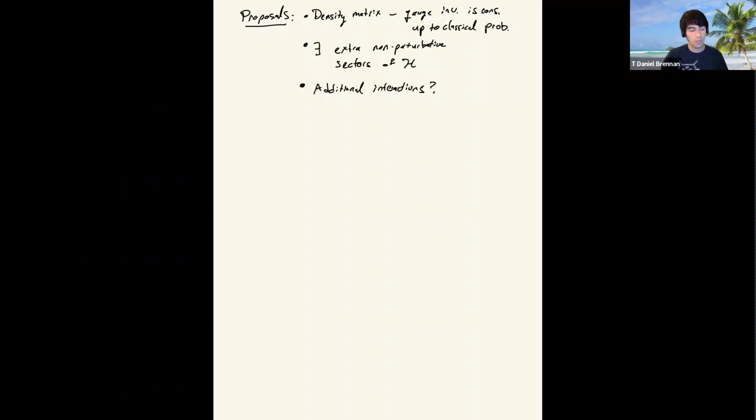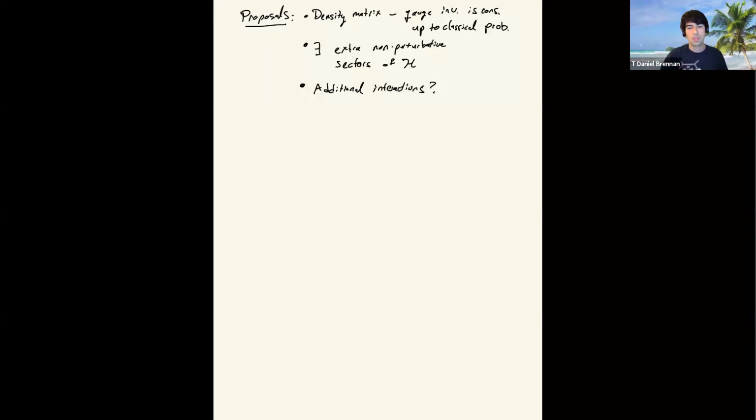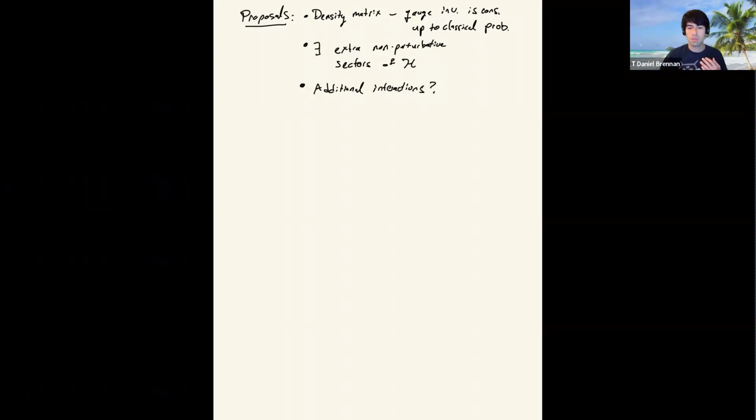That doesn't actually constrain the individual particle momenta. So there could be additional sectors with entangled states that could contribute to the process that we've missed. But as of yet, there have been no proposals for what this interaction is or could be.